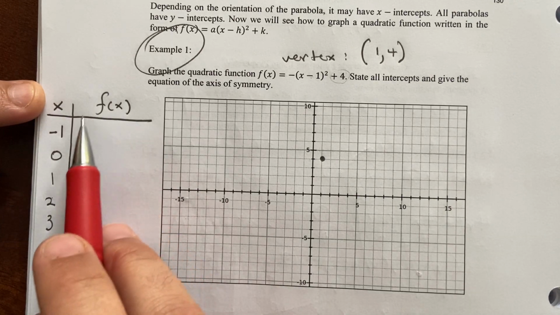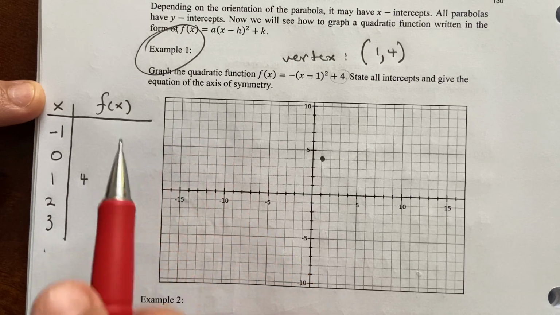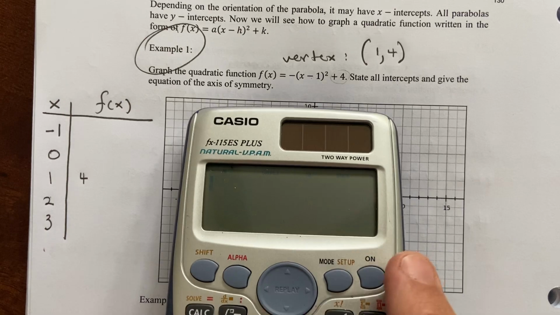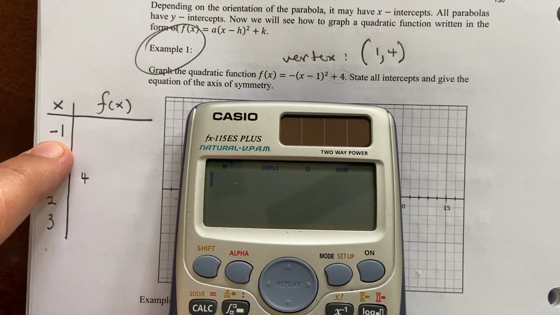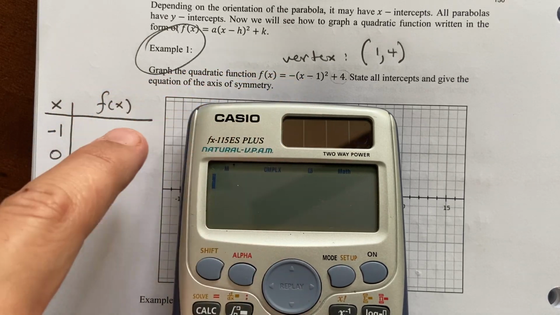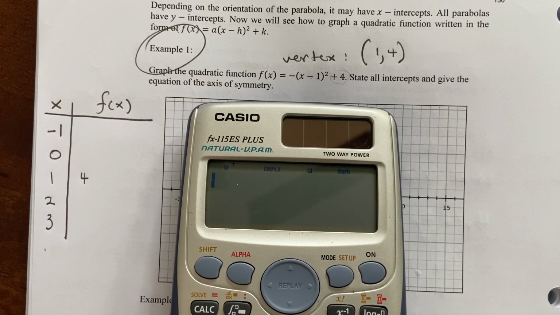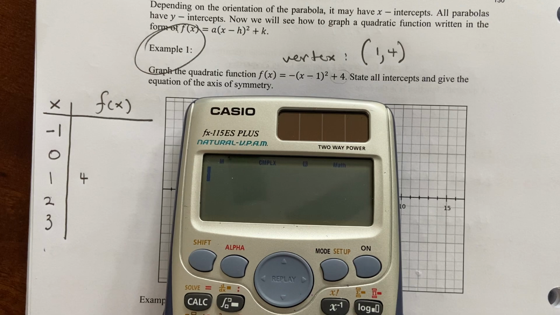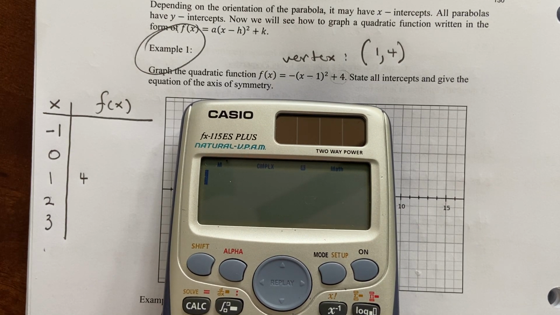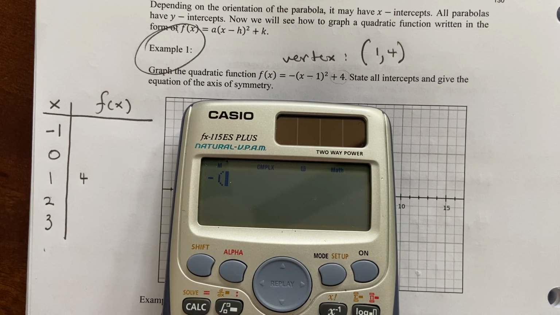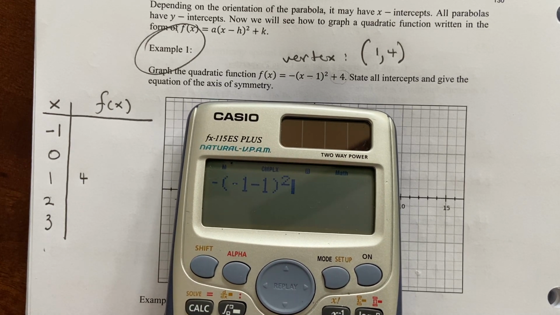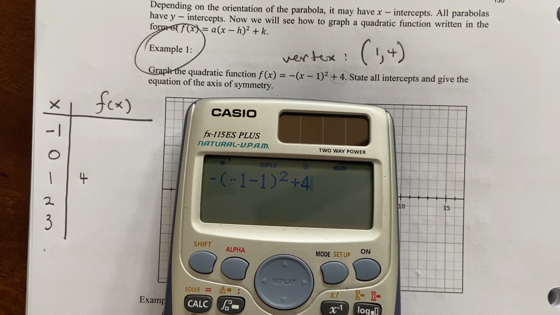And now I'll plug -1 into the function and see what we get. So now I'm taking -1, this value, and plugging it into the function to see what the output is there. I'm basically using the point plotting method. If you remember that, that works here too. So plugging in a -1, I have -1, -1, I need to square and then add 4.